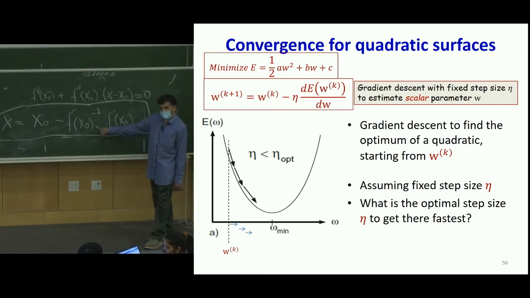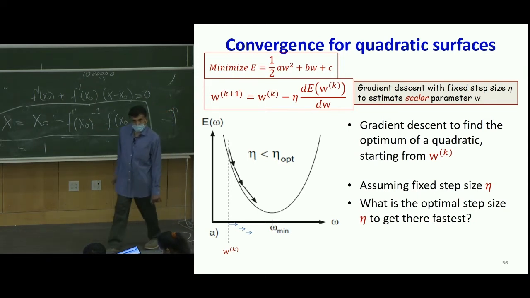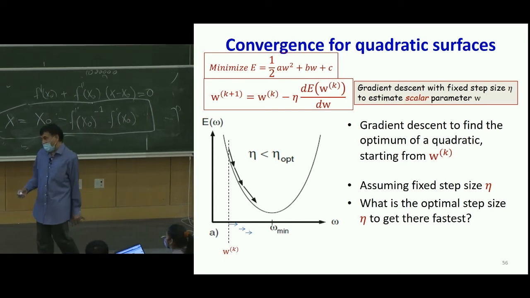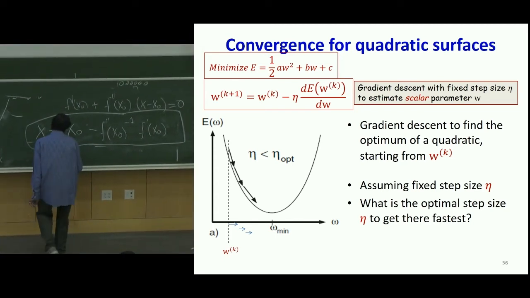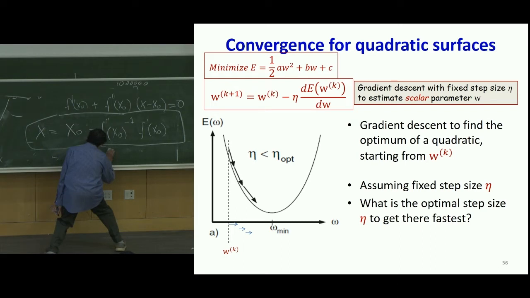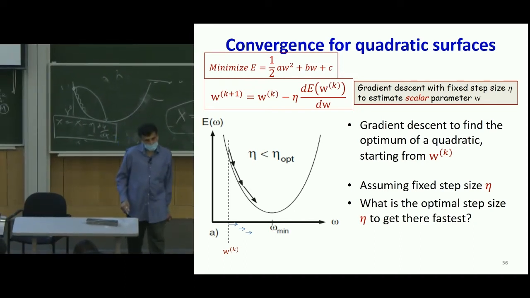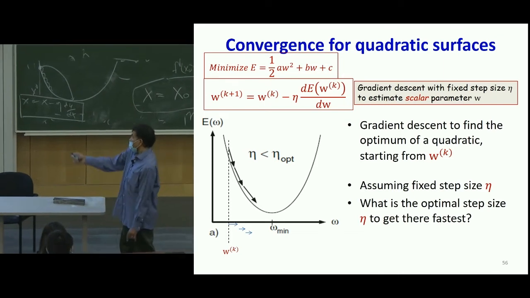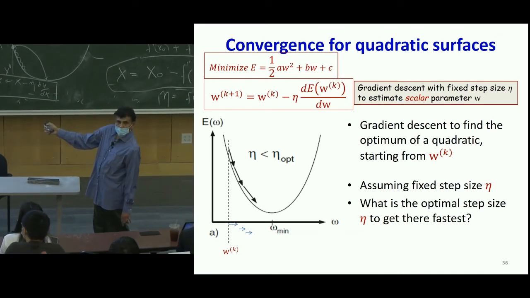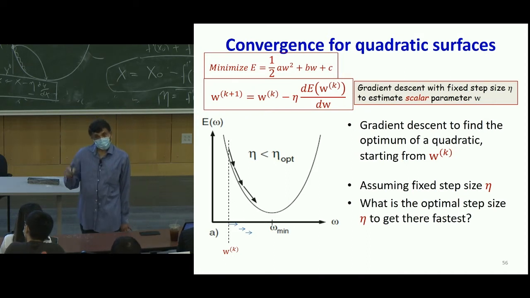So what is this guy? That is the step size, right? So if my eta equals f double prime of x0 inverse, I'm going to go from here to here in one step. Correct? And what is f double prime of x0 over here? That's just a. So if the step size is a inverse, I'm going to get there in one step.